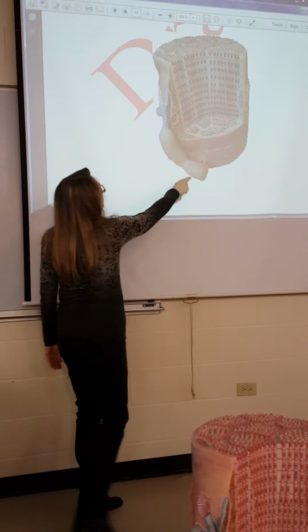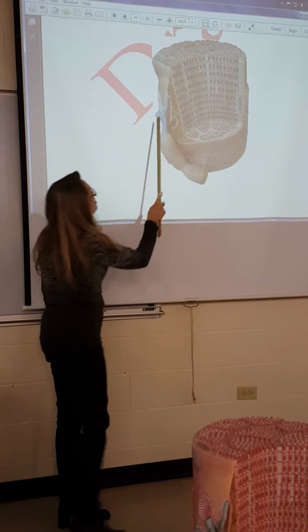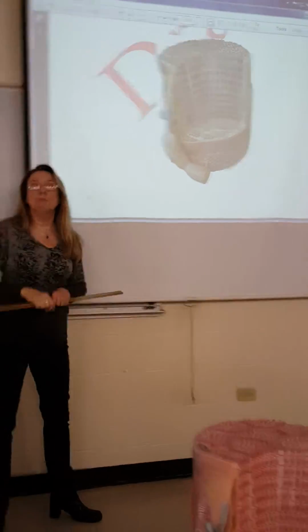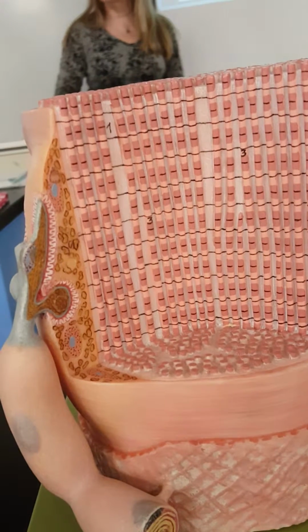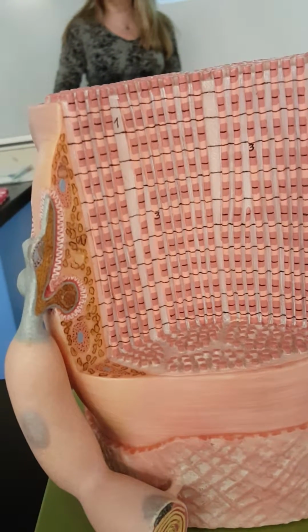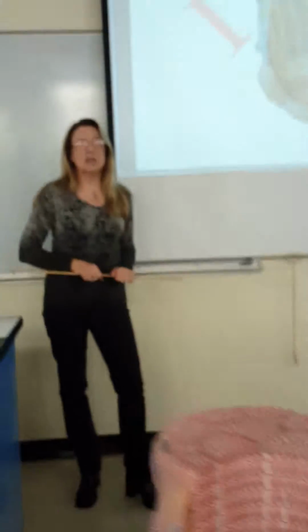So this is just one branch of the axon, and these structures right in here, I refer to them as the terminal bulbs of that neuron, okay? That's the part of the axon that's going to form a synapse with your muscle cell. Did I give you a definition for synapse?